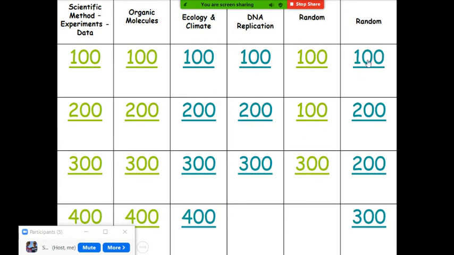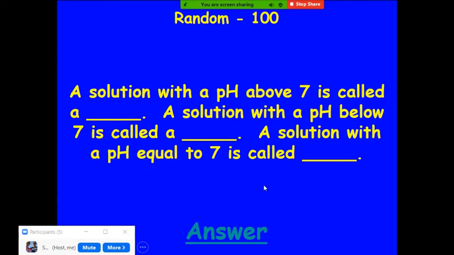Here we go. A little bit more random. A solution with a pH above 7, what do we call that? A solution with a pH below 7, what do we call that? A solution with a pH equal to 7, what do we call that?